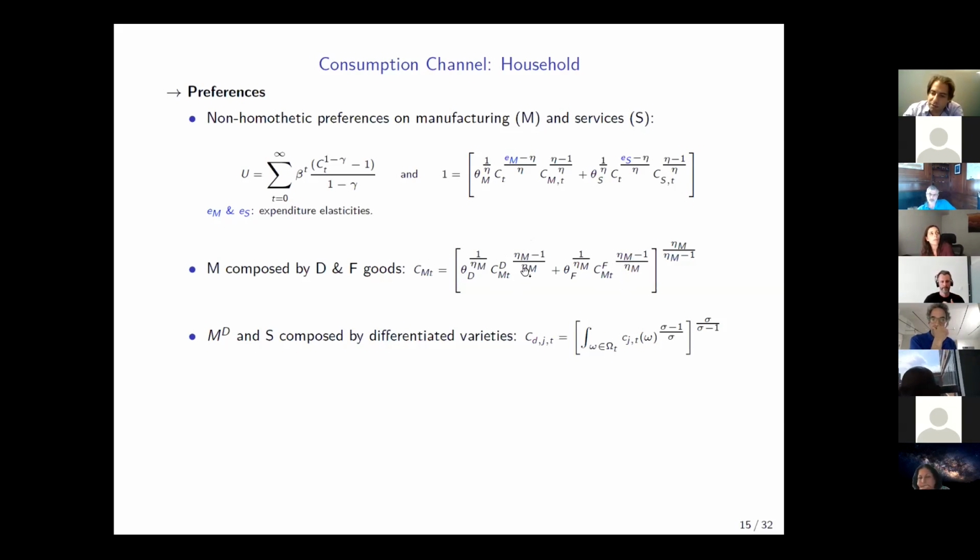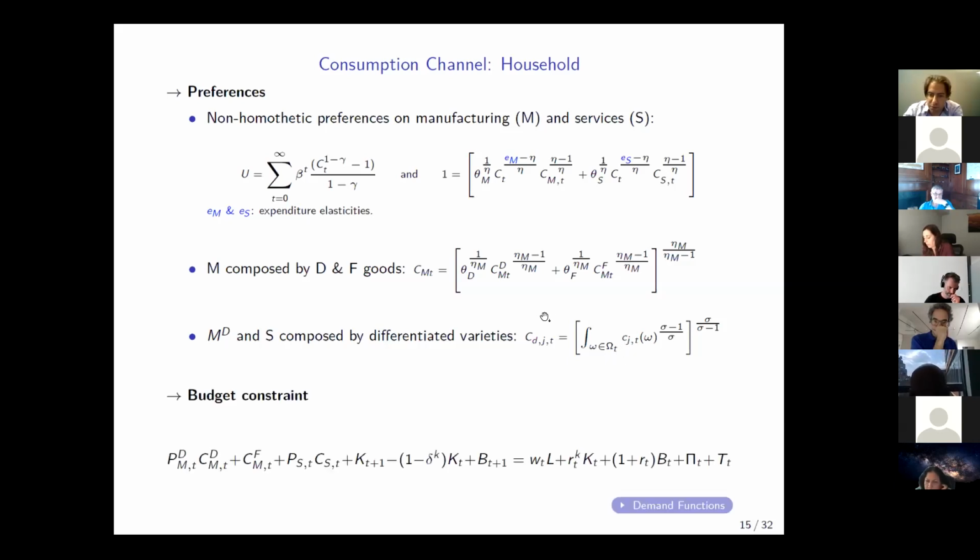And then what you have is that the basket of domestic manufacturing is your typical aggregation that you see in any trade model. Okay? You're going to have these for services, and you're going to have these for manufacturing. What about the budget constraints? Well, the representative household is going to spend on consumption.